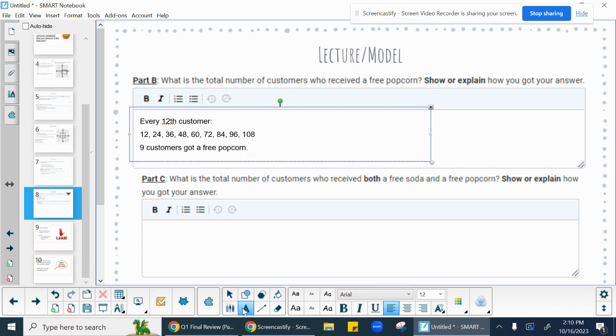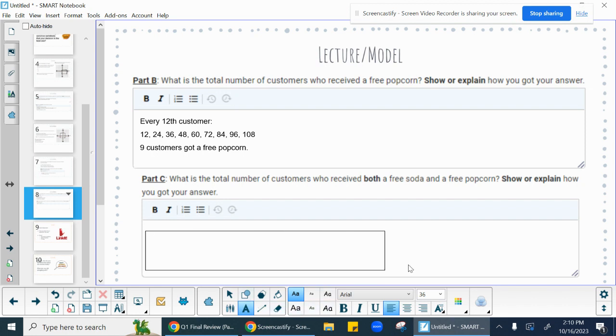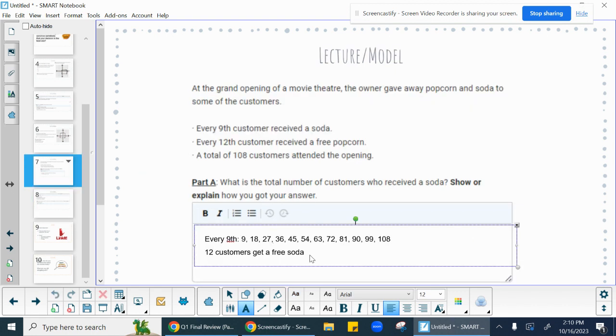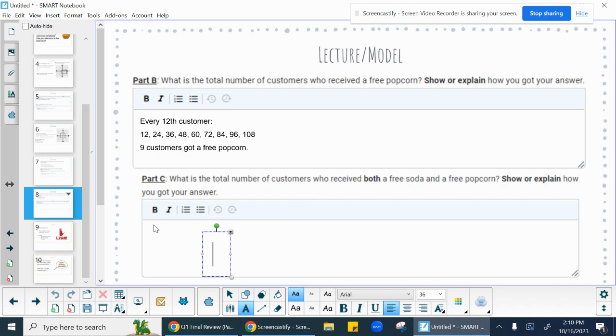All right, now part C. What is the total number of customers who received both a free soda and a free popcorn? All right, so what I am going to do here is work smarter, not harder. I'm going to come back and copy my list for 9, and we are going to paste it right in here.